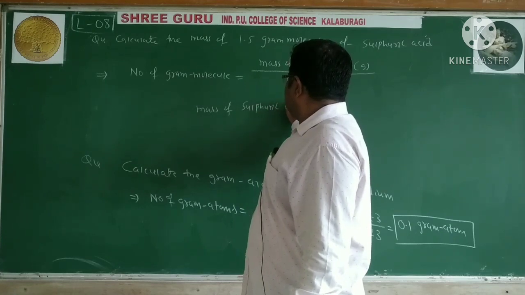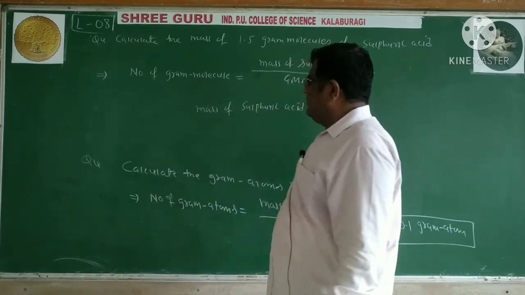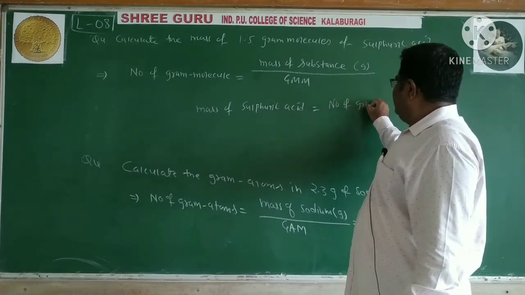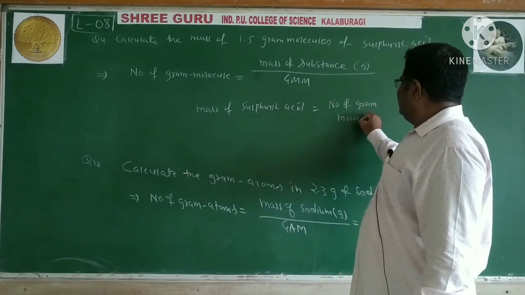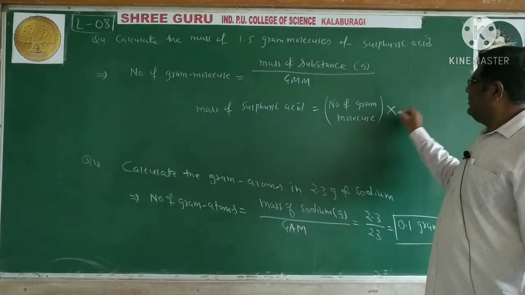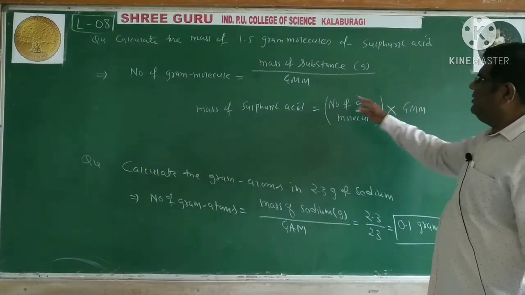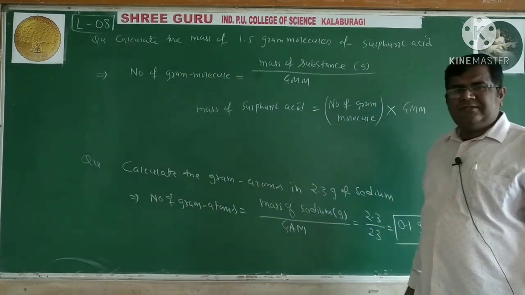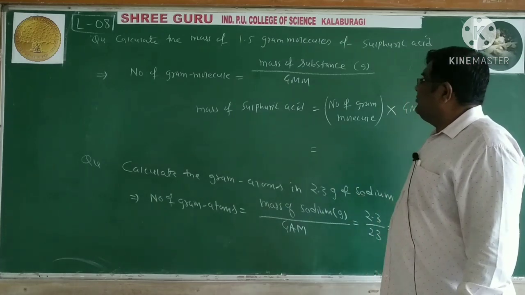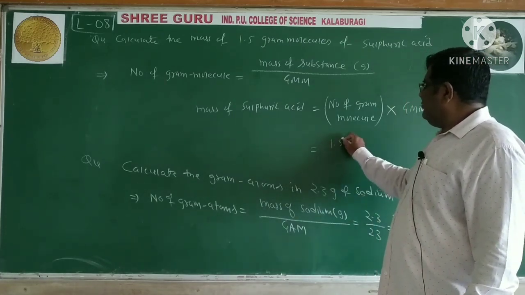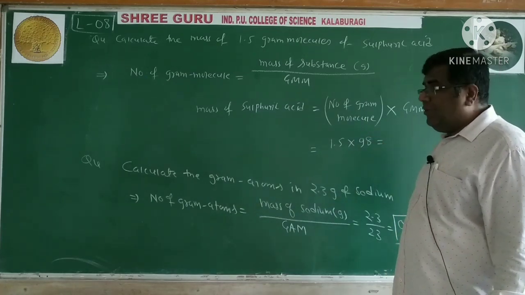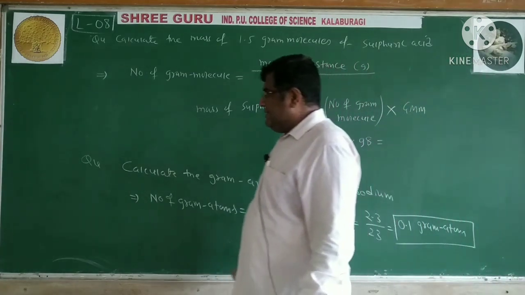Mass of sulfuric acid is equal to number of gram molecules multiplied by gram molecular mass. I will just change this gram molecular mass to the other side. Number of gram molecules is 1.5 multiplied by gram molecular mass of sulfuric acid.